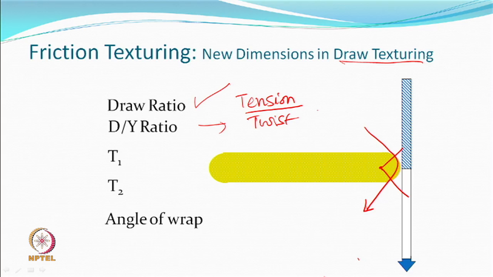Tension always would change when you move from one end of the twister to the other end, whether it is a pin twister or any other twister. Tension would change, but there we were only worried about whether tension is high or low. Here one has to also worry if the tension is, let us say, very low, then this is also related to twist insertion.